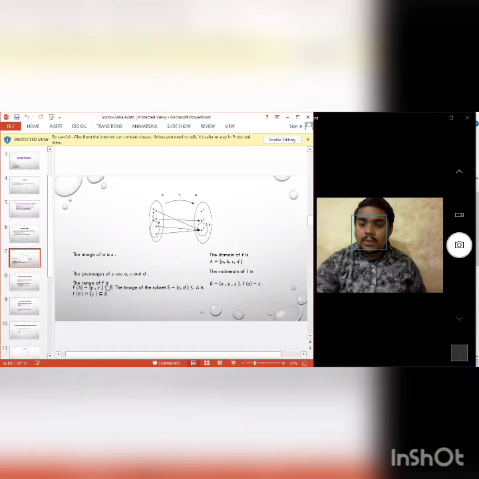The range of f is f(A) = {y, z}, a proper subset of B. The image of subset S = {c, d}, a proper subset of A, is f(S) = {z}, a proper subset of B.